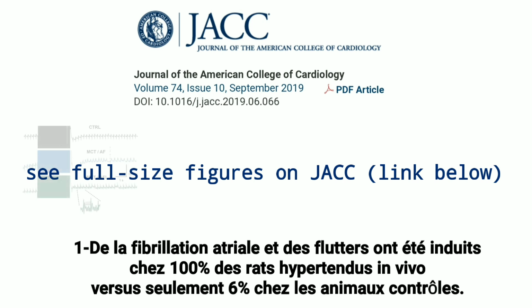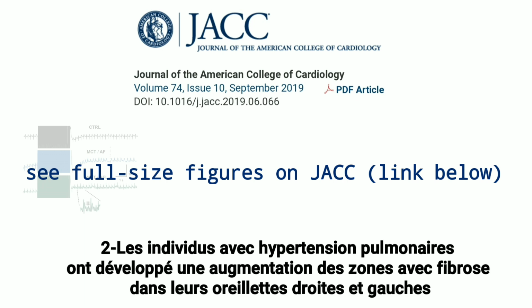Observation number 1. Atrial fibrillation or flutter was inducible in 100% of the rats in vivo, versus only 6% of the control rats. Observation number 2. Pulmonary hypertension rats had significant right atrial cross-sectional area increase, and so fibrosis.